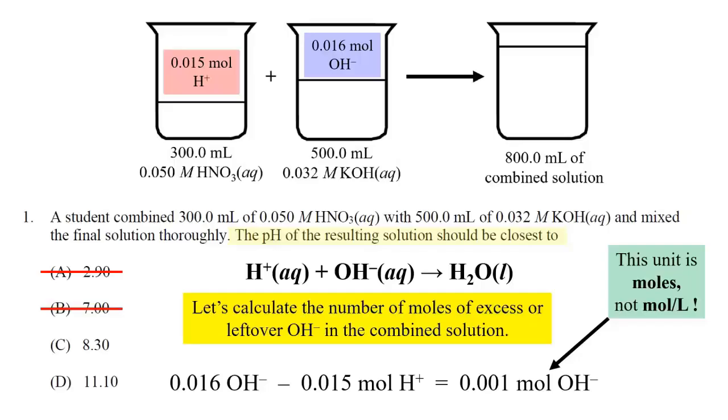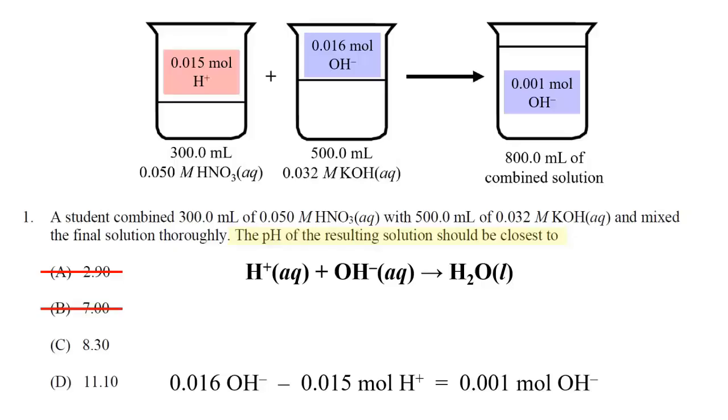And if you notice, we have a total volume of 800 milliliters of the combined solution. Let's turn that number into liters. That would be 0.8 liters when you divide by 1,000. So the concentration of the hydroxide ion in that beaker at the end of the experiment is 0.001 mole of hydroxide dissolved in a total volume of 0.8 liters.